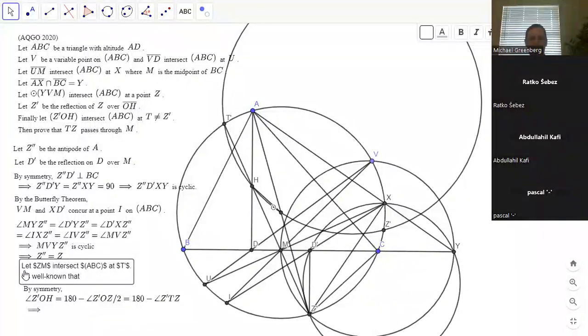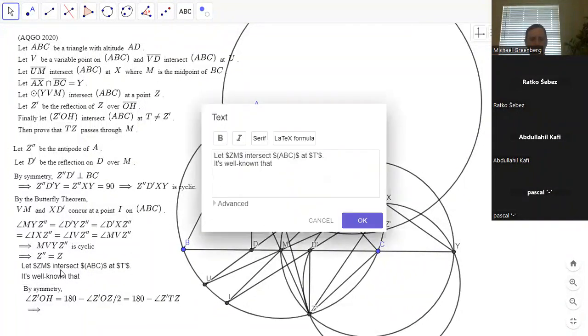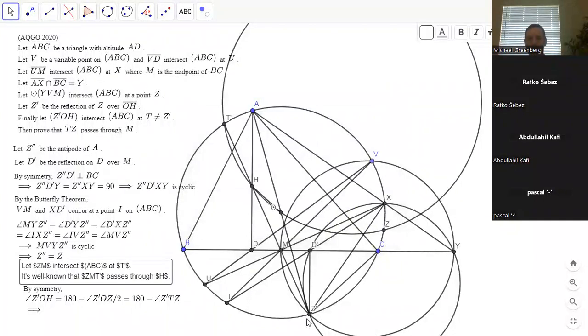Yeah, we do. So I'll just say it's well known that ZMT prime passes through H. It's clear that it's 90 because Z is the antipode, so we don't even really need to write that.